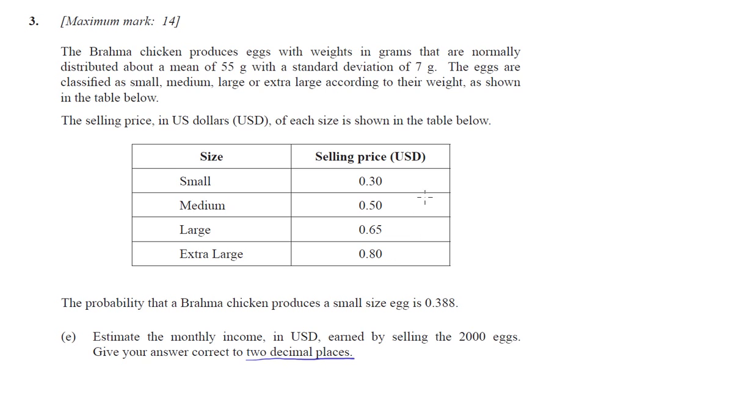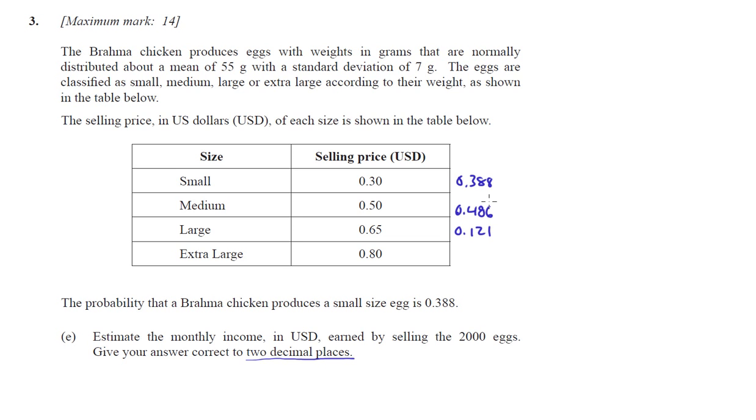Okay. So we know now that the probability of getting a small egg is 0.388. The medium one we figured out from before was 0.486. And the large one they told us was 0.121. So then we have to figure out the probability that it's going to be an extra large egg. They gave us this in the previous problem, and it was the very first thing that we calculated.